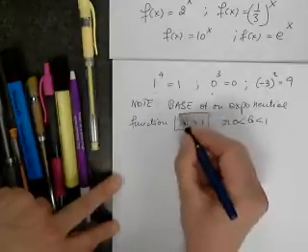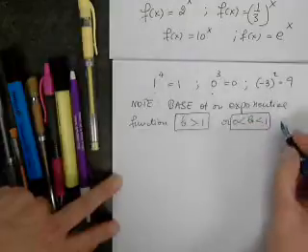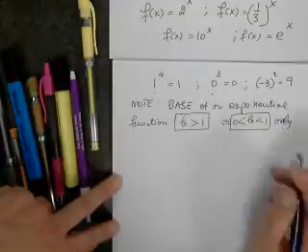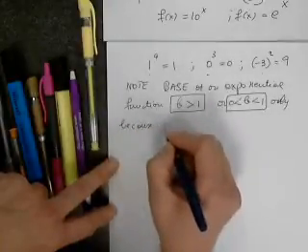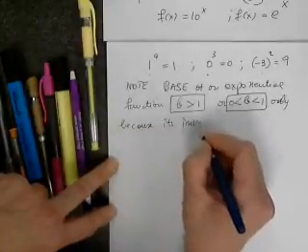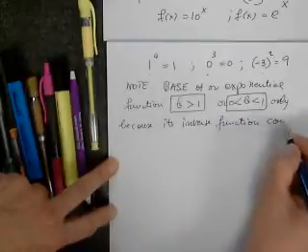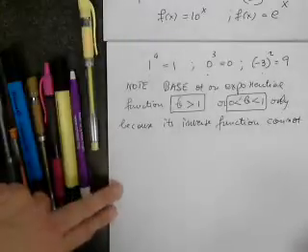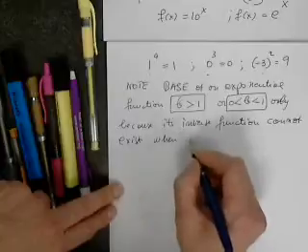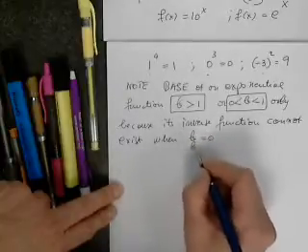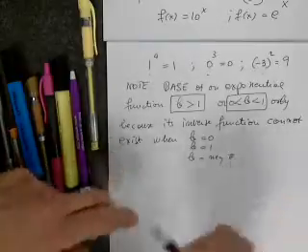So either strictly greater than 1 or between 0 and 1 only, and here's the reason, only because its inverse function cannot be defined or cannot exist when the base is 0, when the base is 1, or when the base is a negative number. That's the only reason.